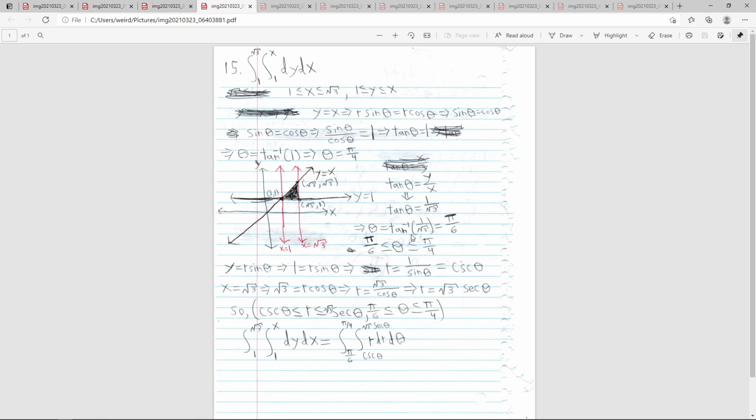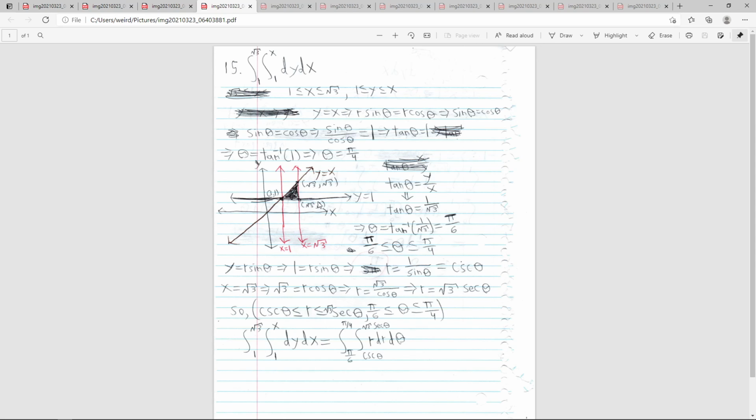Sine of pi sixth is 1 over 2, and cosine is square root of 3 over 2. So 1 over 2 divided by square root of 3 over 2 is 1 over 2 times 2 over square root of 3, because you flip them. So 1 over square root of 3. It works out, and we know that it's in the first quadrant, so it can't be in the third quadrant.